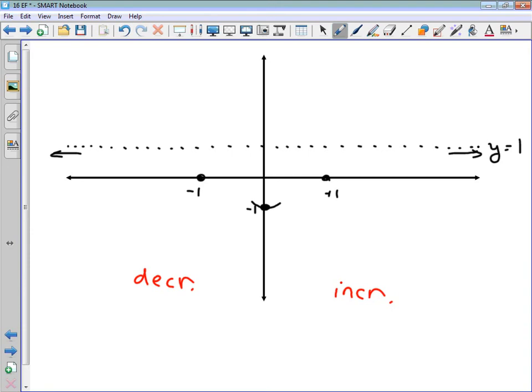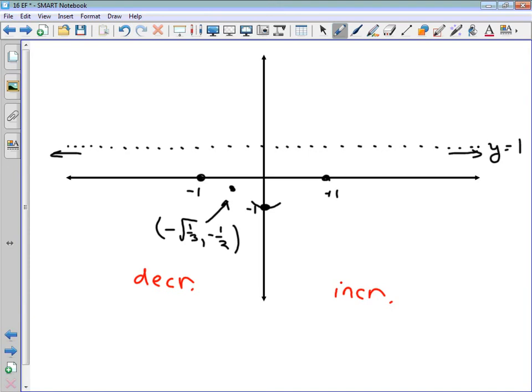But let's make sure that this is consistent with the information from our concavity table. It says that we had 2 points of inflection at negative root 1/3, negative 1/2. So that's somewhere in here. Let me label this. Negative root 1/3, negative 1/2.